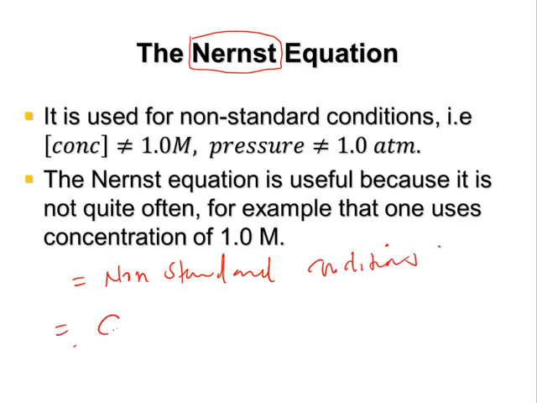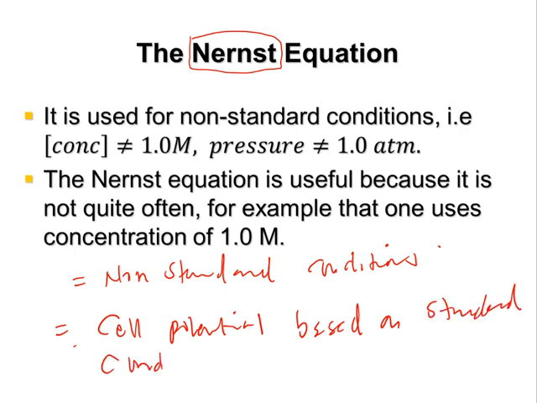Last time we looked at the cell potential based on standard conditions, right? And those conditions include the temperature equal to 25 degrees, the concentration, meaning molarity, equal to 1.0 molar, and the pressure equal to 1 atmosphere.